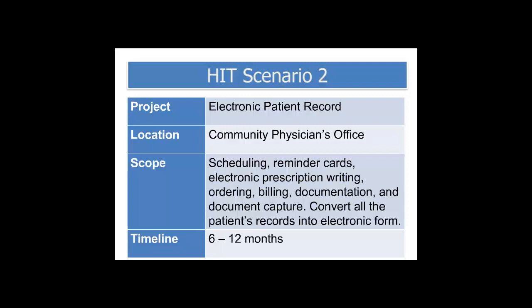And how an electronic record can help them is that, first, they don't have to do any filing for the information that comes into the office about you. If you're ordered a blood test or an x-ray, that information has to come in, get into the right paper folder, and end up in your chart.